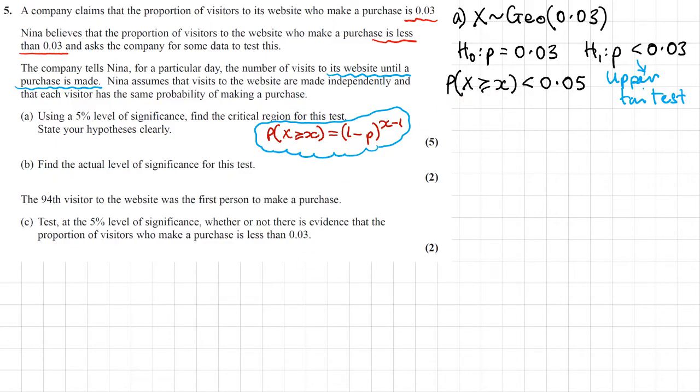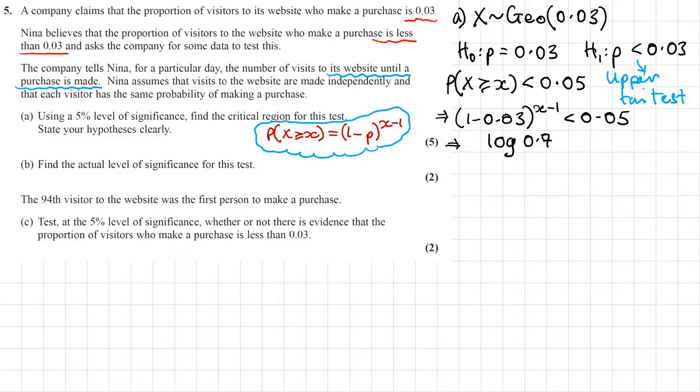So it's going to be (1 minus 0.03) to the power x minus 1, or whatever letter you use, is going to be less than 0.05. Now we're going to take the log of both sides to enable us to find x. So this bit here is going to be log 0.97.